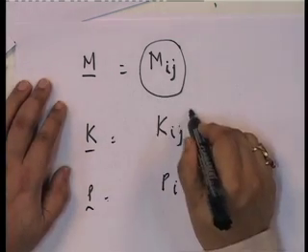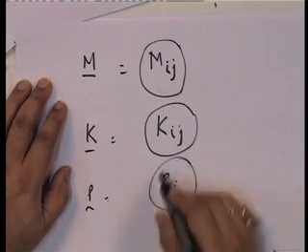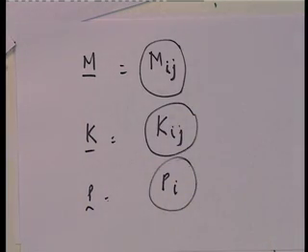So, the entire problem then becomes, not for every complicated problem do I have to write down the entire equation and develop the equation. All I need to do is find out the elements of the mass matrix, the elements of the stiffness matrix, and the elements of the load vector.